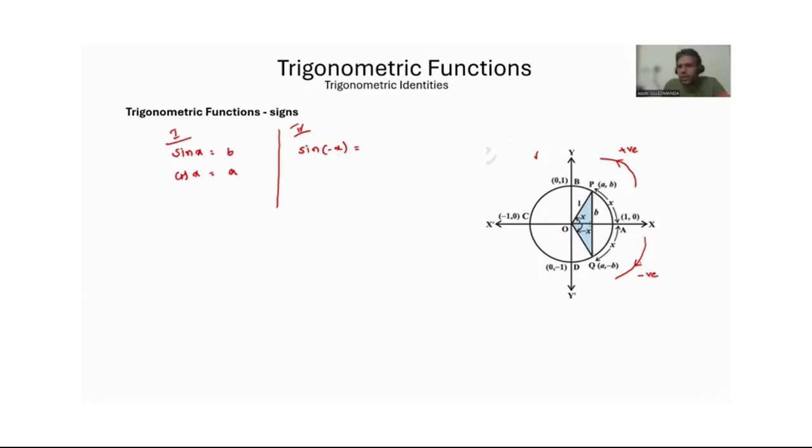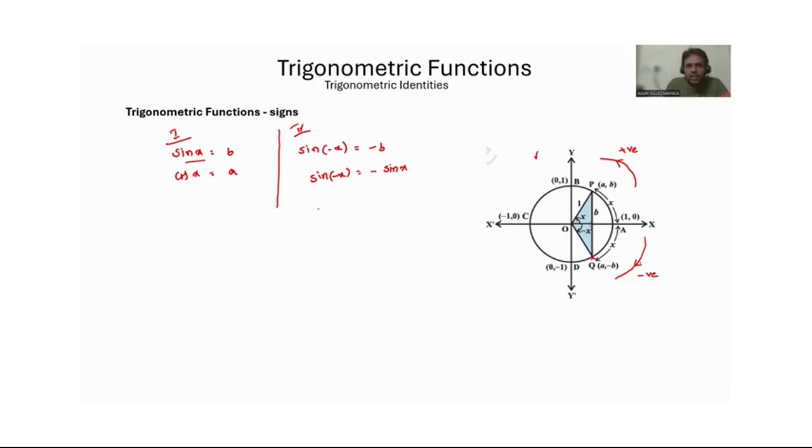If you look at the point Q here, point Q is a comma minus b. The y coordinate is the sine value, so the value here is minus b. And b is sine x, so can I write this as minus sine x? Sine of a minus angle puts a minus in front of sine. The sine of minus 30 degrees is equal to minus sine 30. Sine 30 is 1 by 2, so the value is minus 1 by 2, right?